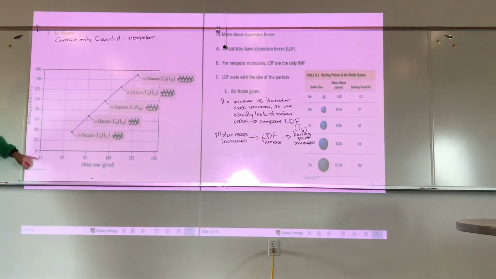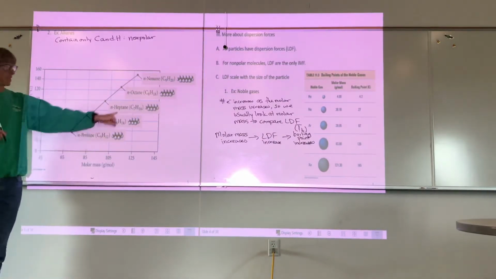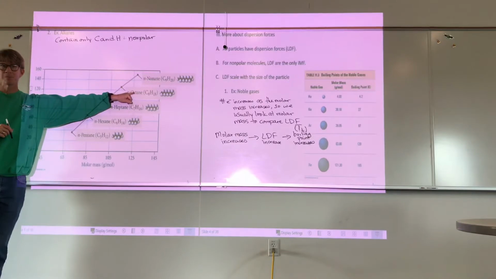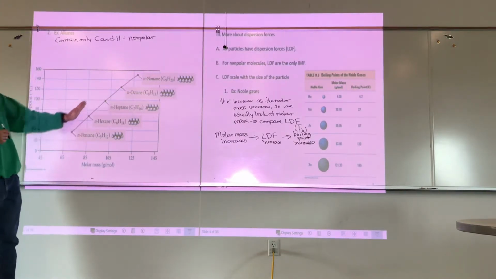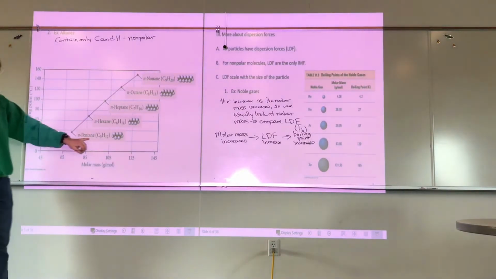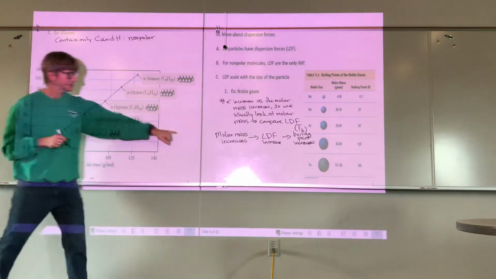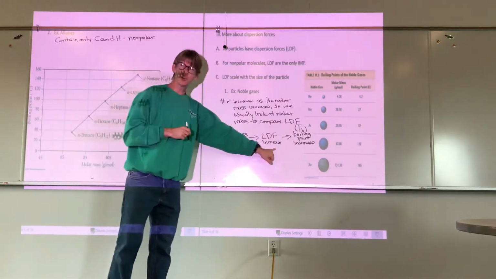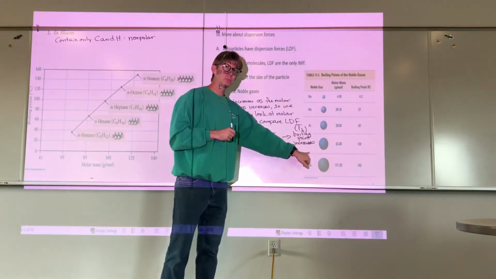And what we're showing here is molar mass and boiling point, and we're finding a linear relationship between the two. It's not necessarily linear, and it's not 100% linear. It is sort of curving over there. But the idea here is that as molar mass increases, London dispersion forces increase, and boiling point increases.